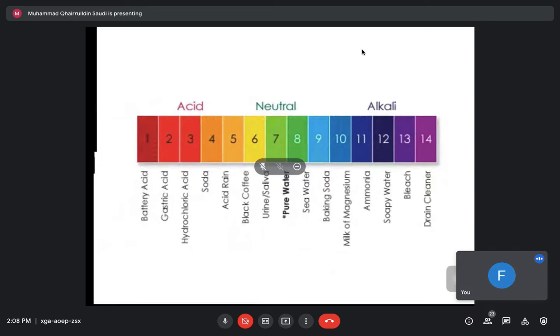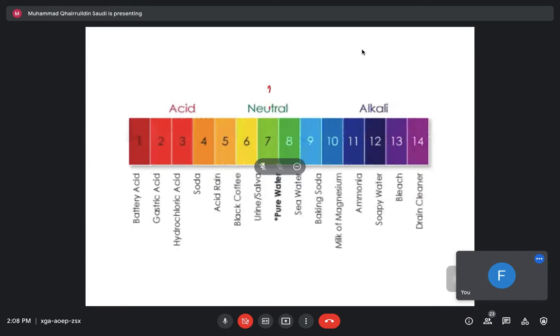We know that the neutral pH value is 7. Okay, and then acid pH value is from 1 until 6, and the pH value for alkali is 8 until 14. Okay, can we have a quick recap?